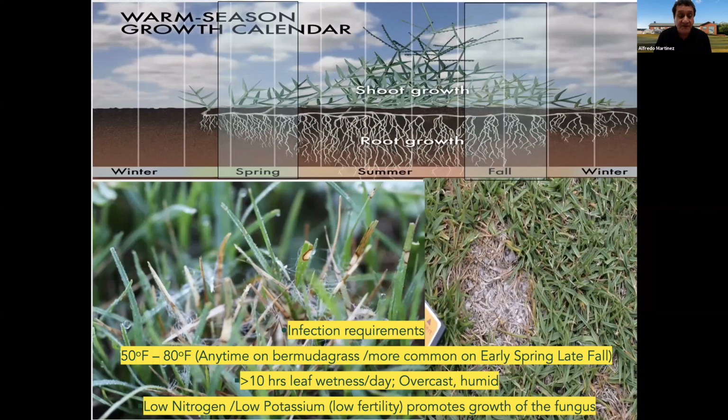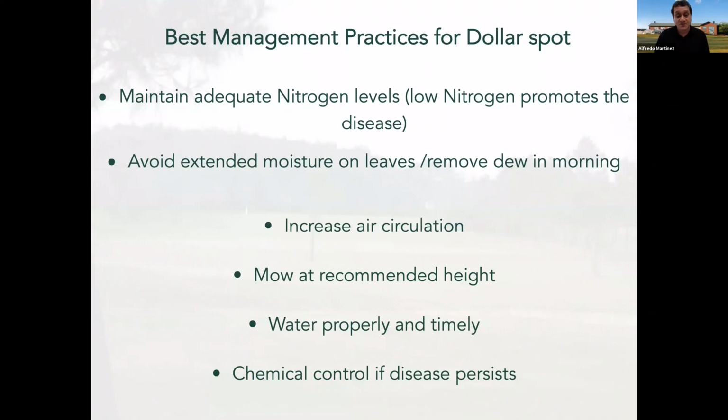Those are perfect conditions for dollar spot, so be looking for that in the next couple of days, really weeks. Low nitrogen, low potassium, lower fertility promotes the growth of the fungus. So I'm going to get ahead of it by addressing the fertility, but also by addressing some of the humidity. Humidity is very important.